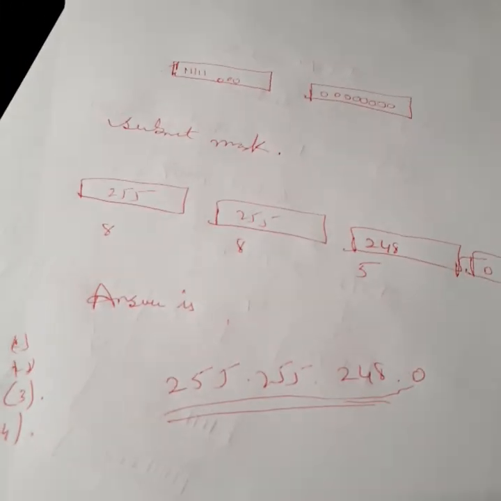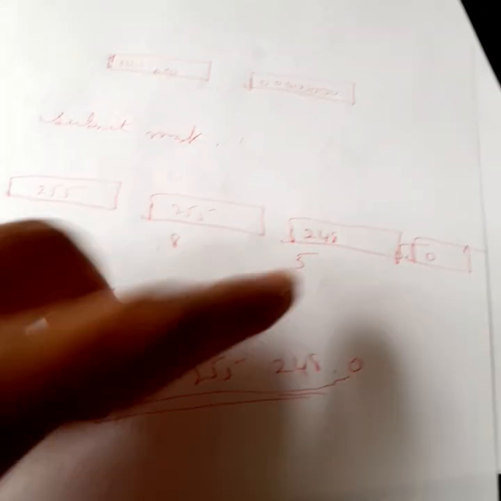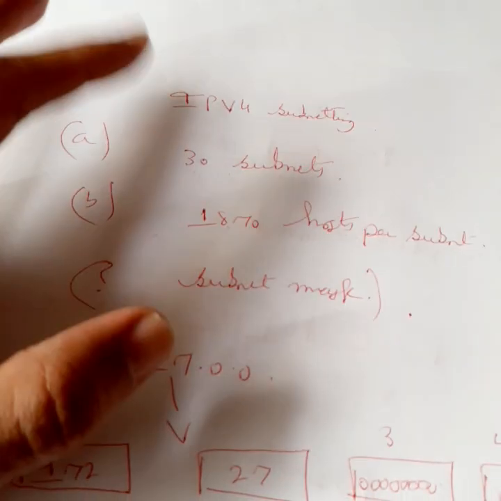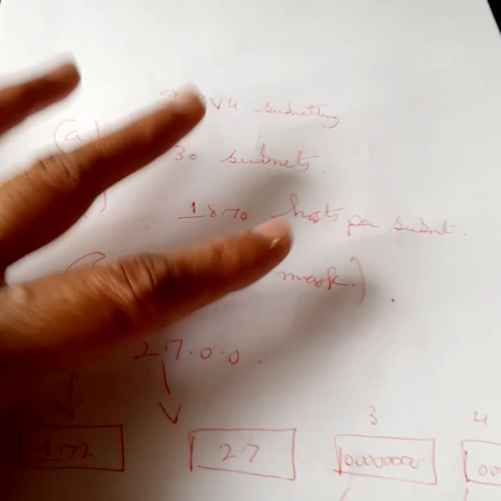This lovely subnet mask, 255.255.248.0, means we can achieve these requirements: we can create 30 subnets and 1870 hosts per subnet.